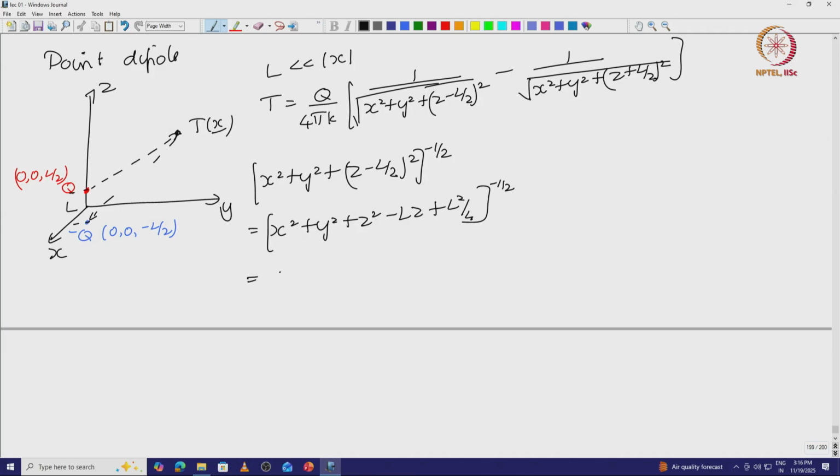So, I will get r square minus Lz plus L square by 4, to the minus half. I take a factor of 1 over r outside, and I will get 1 minus Lz by r plus L square by 4 r square, whole to the minus half.